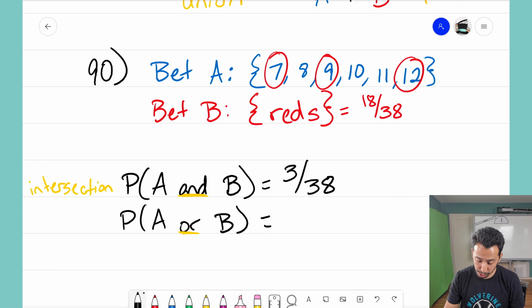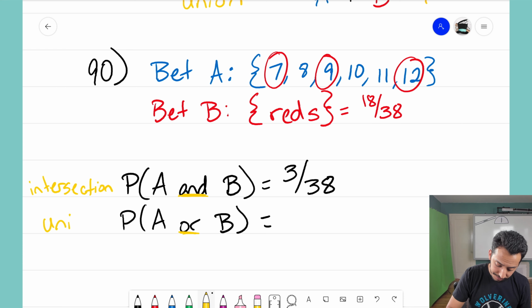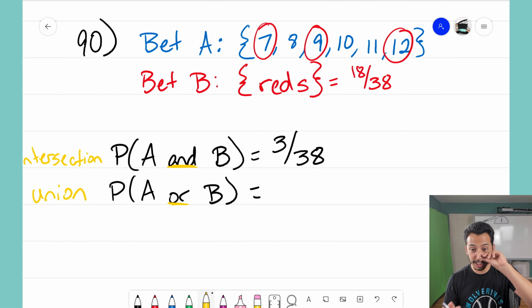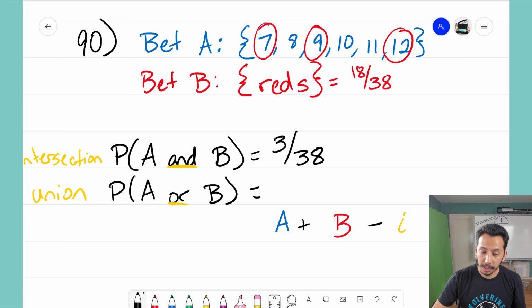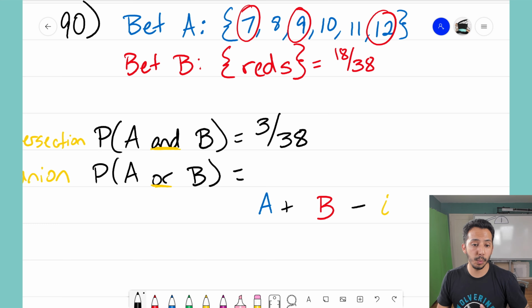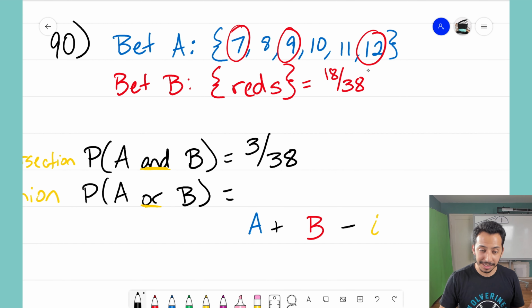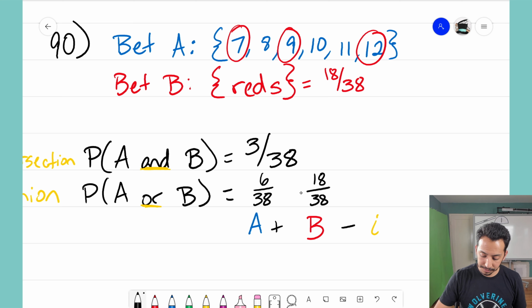Okay? Super, super good. For the union, remember, it's really just 3 different fractions that you have to set up. You have to get A, you have to get B, you have to get the intersection, add the first 2, take out the other one you don't want. So, probability of A. Whoops, there's 6 of them. So the chance of you winning A is 6 over 38. The chance of you winning B, winning the red bet, that's 18 out of 38.